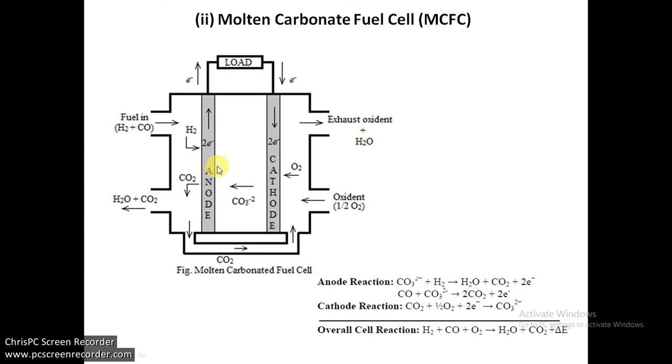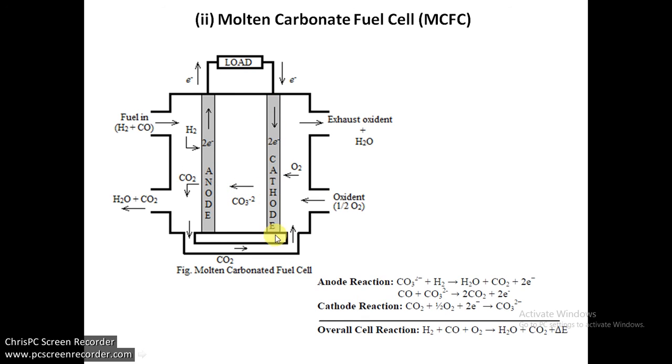First of all I am discussing the anode reaction. When the carbonate ions reach the anode, they react with the hydrogen coming from outside as a fuel, and produce water and carbon dioxide as well as some free electrons. These free electrons go through the external circuit. Carbon dioxide goes out as exhaust, and some part of this carbon dioxide reaches the cathode itself.